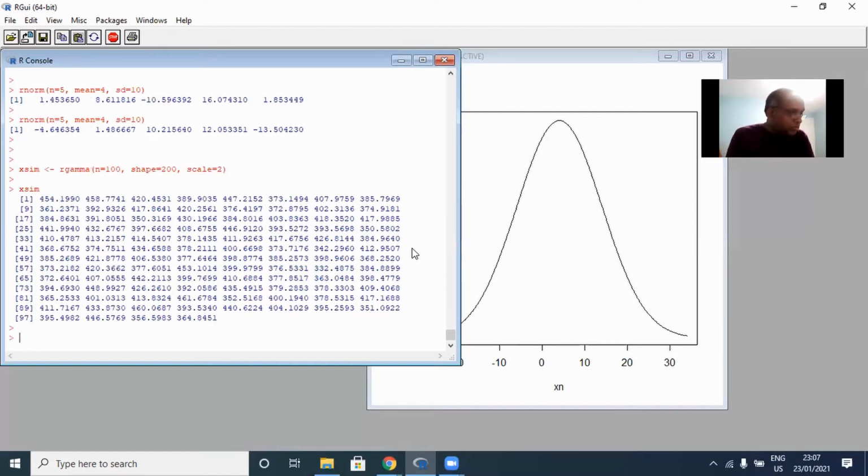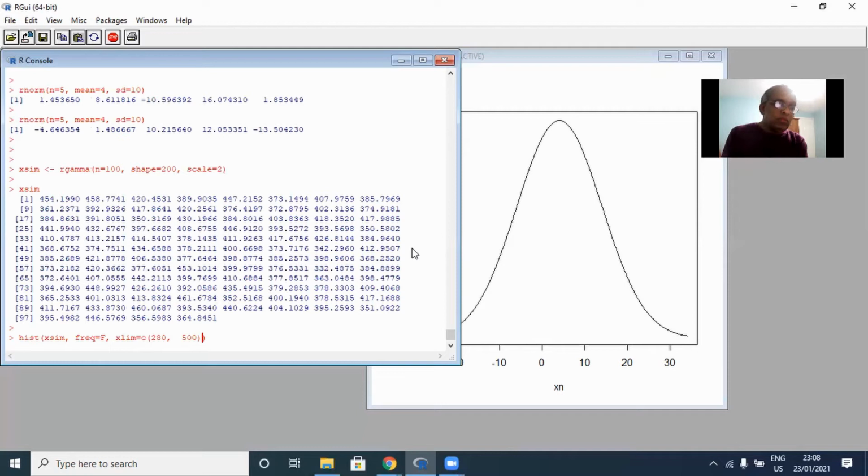So this is the data that you simulated from a gamma distribution with shape equal to 200 and scale equal to 2. Now what I want to do is a histogram of this, with frequency equal to false. And let's take the x values for the histogram to range from 280 to 500.